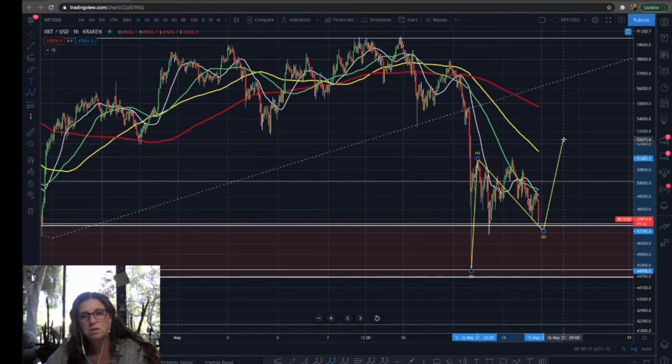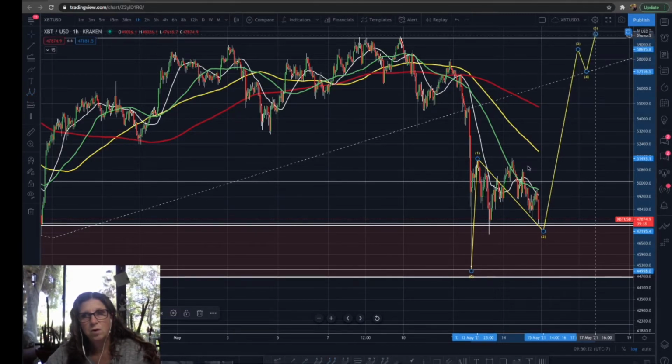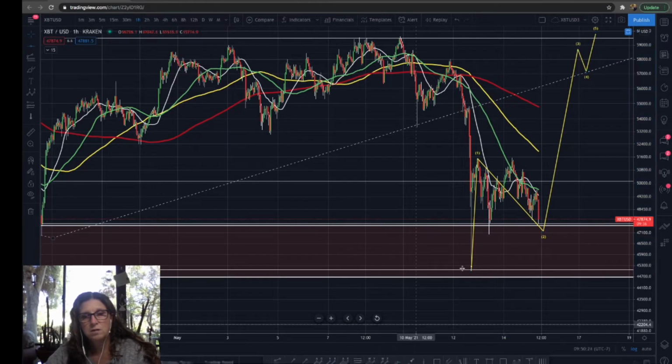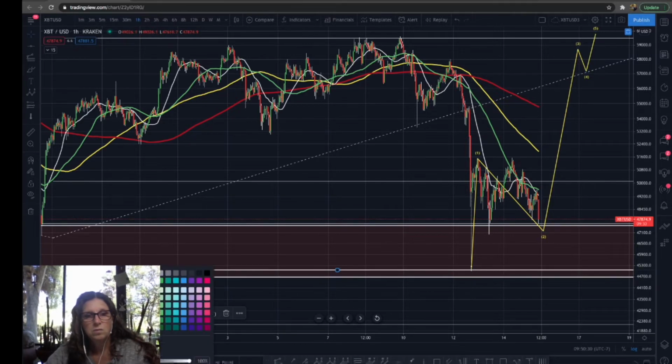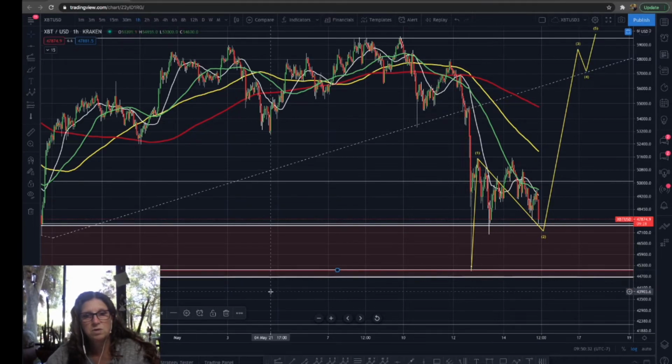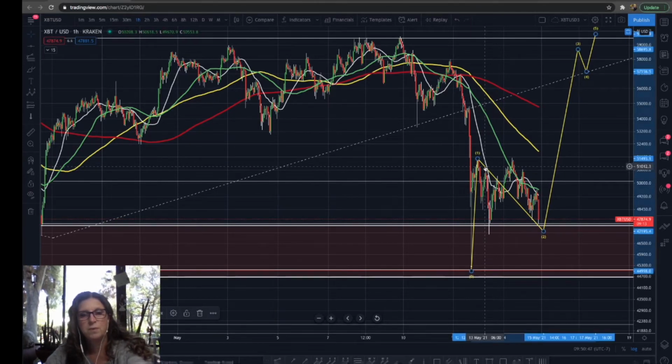I'm not leaning this way, but I want to put it on the table just in case. Now, once we break this bottom here, right at this low, that bull scenario goes out the window as soon as we break this low. So that is a possible bull scenario. I'm not leaning that way, but I'm putting it on the table just because there is always a bullish and a bearish option.